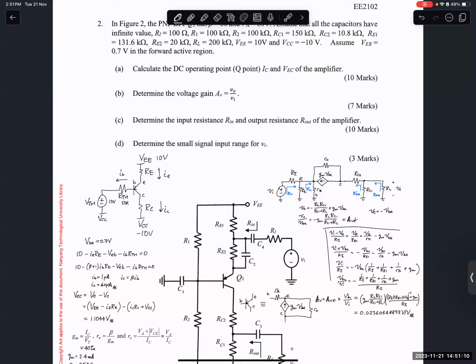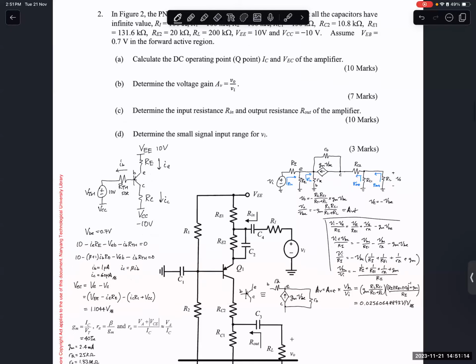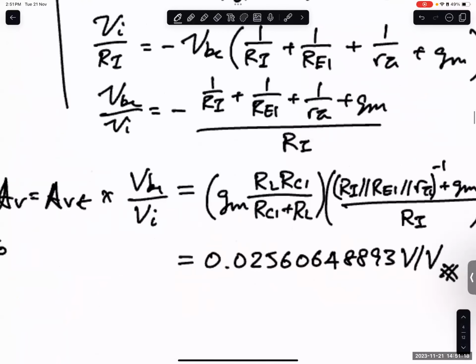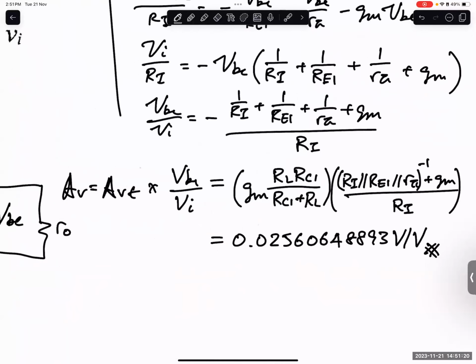Negative VBE is, sorry, 1 over R2, 1 over RI. Sorry, down for negative. So can you get the answer? Is it 0.025? You get it? Not so fast. I thought you just type in the calculator.